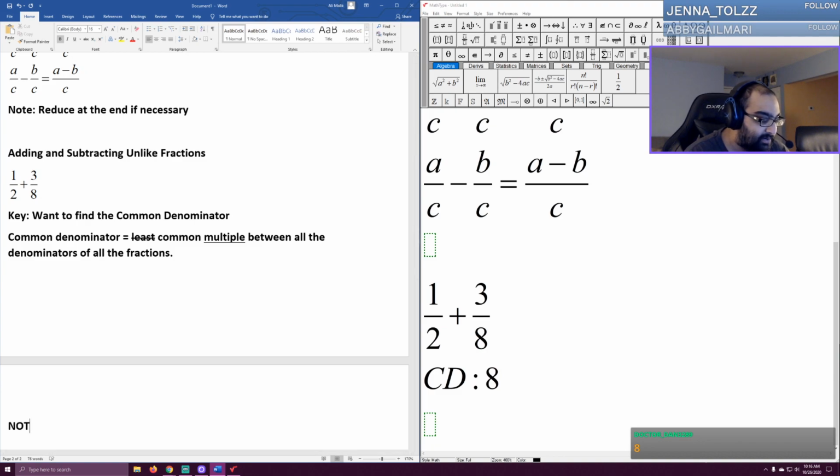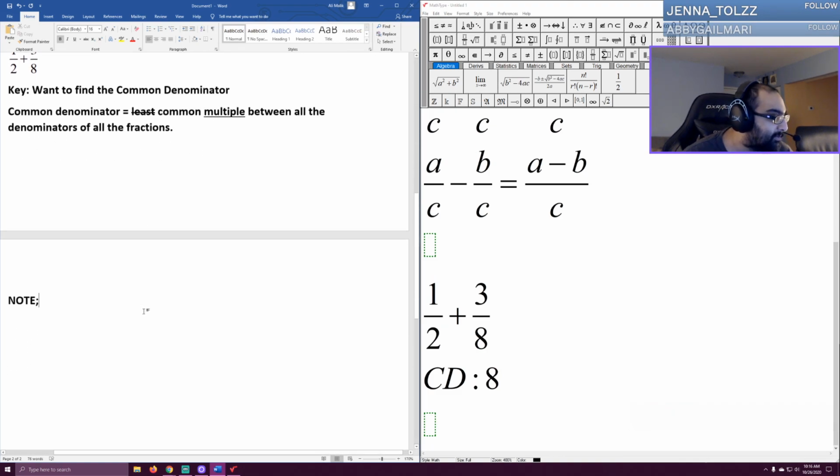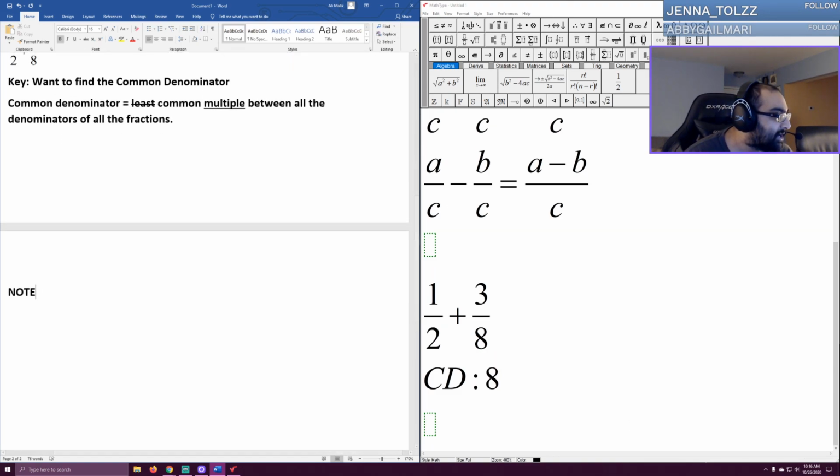A very important note, at least for common denominator's sake: the common denominator, CD for short, is always the largest denominator or higher. So we actually use the multiples of the largest denominator, starting from 8.